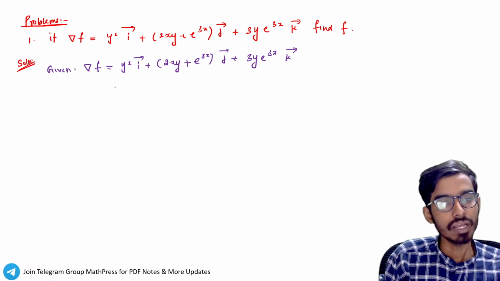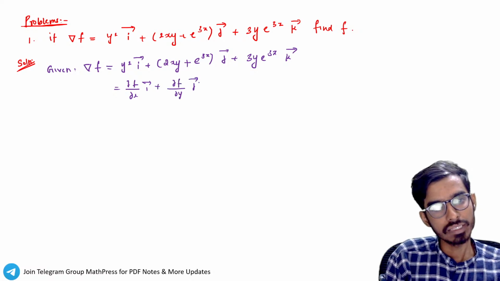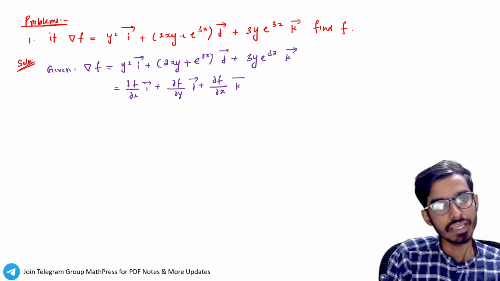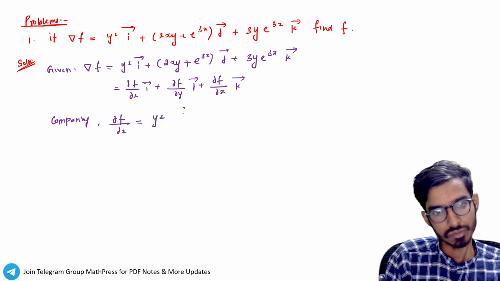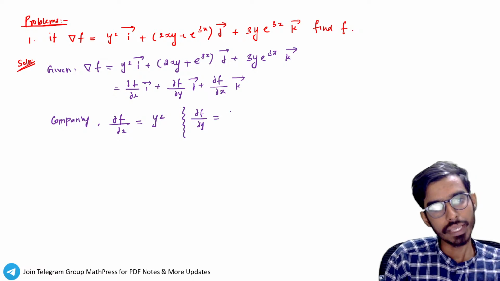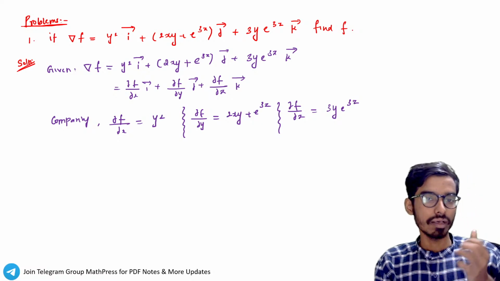What is the formula for del f? It is dou f by dou x i vector, dou f by dou y j vector, dou f by dou z k vector. So when you compare this, you will get dou f by dou x equal to y square, dou f by dou y equal to 2xy plus e power 3z, and dou f by dou z equal to 3y e power 3z, right?